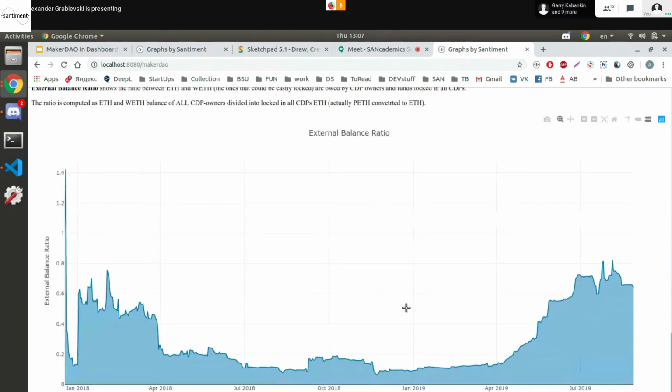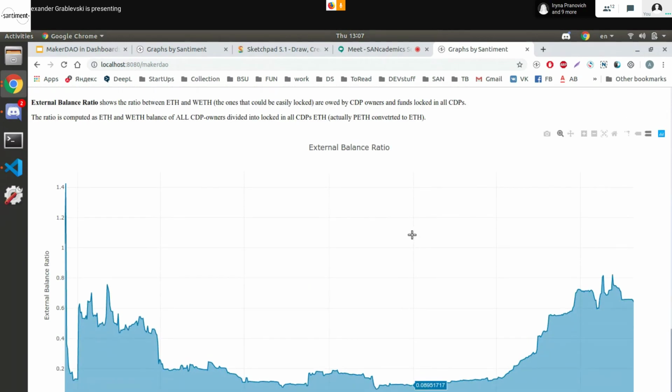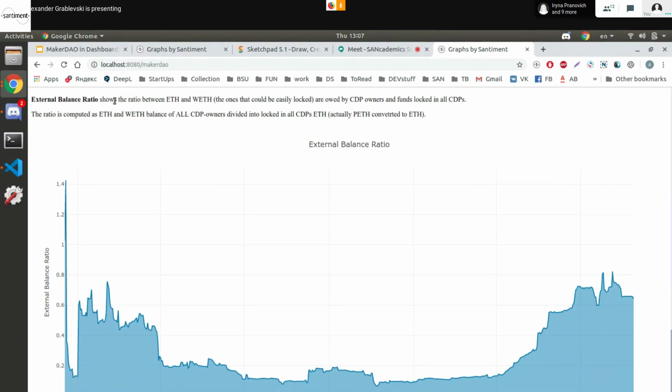And one more thing about this category is the external balance ratio. External balance ratio shows the ratio between ETH and dropped ETH that are owned by CDP owners and all funds that are locked in the system. So what does it mean? We know that at any point in time, we know exactly how much Ether is locked in the Maker system.